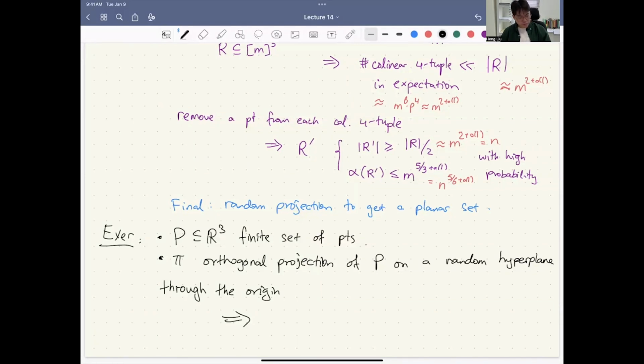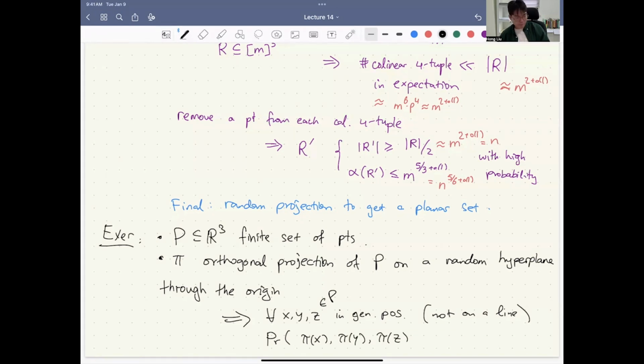For any points in P in general position, that means not on a line, the probability that their projection is on a line is 0.